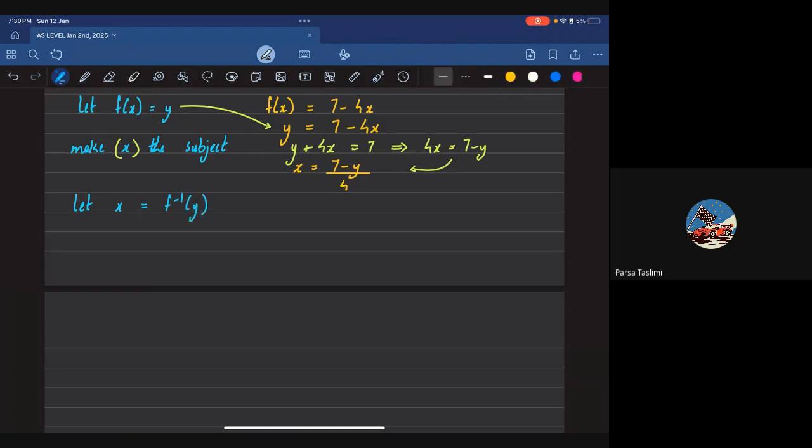So I'm just going to write it down as f inverse of y is equal to 7 minus y over 4. And then the final step is to replace y with x.